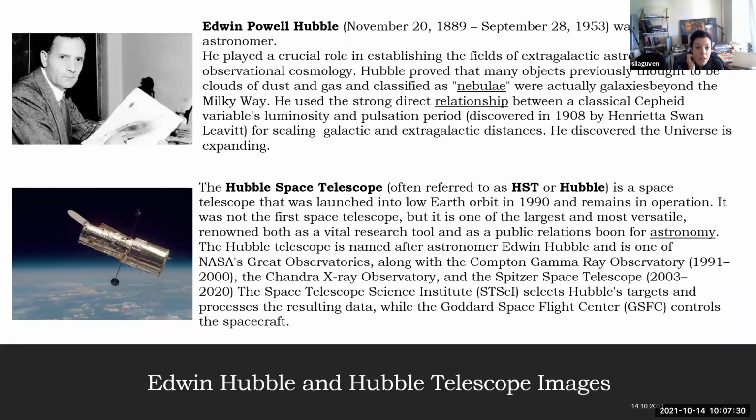So I look at Edwin Powell Hubble's works. So I paint nebulas many times, and he's the first one. He classified nebulas, the star homes, and he also found the universe is expanding, but he couldn't get the Nobel Prize for this.